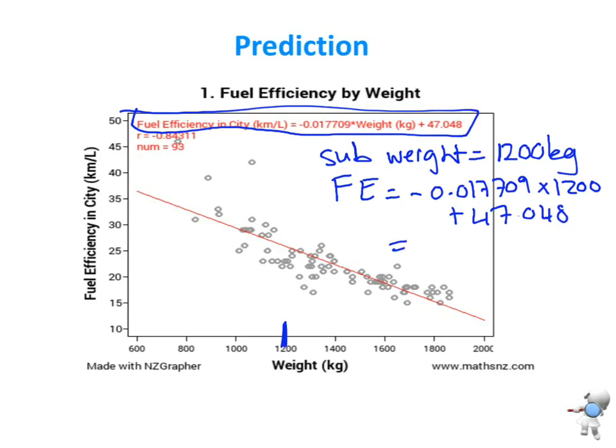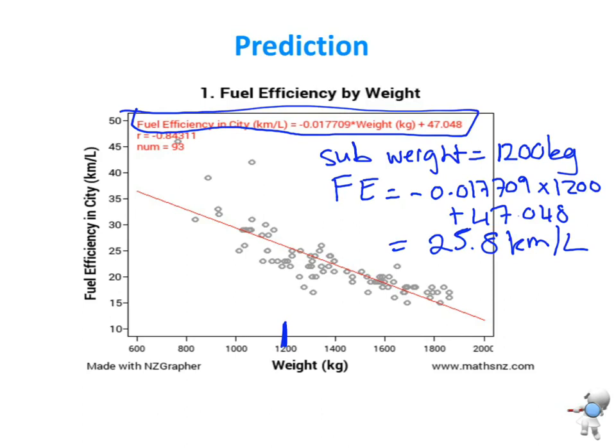That would give me a fuel efficiency of 25.8 kilometres per litre. So I'm predicting that a car that weighs 1,200 kilograms would be able to travel about 25.8 kilometres for every litre of petrol.